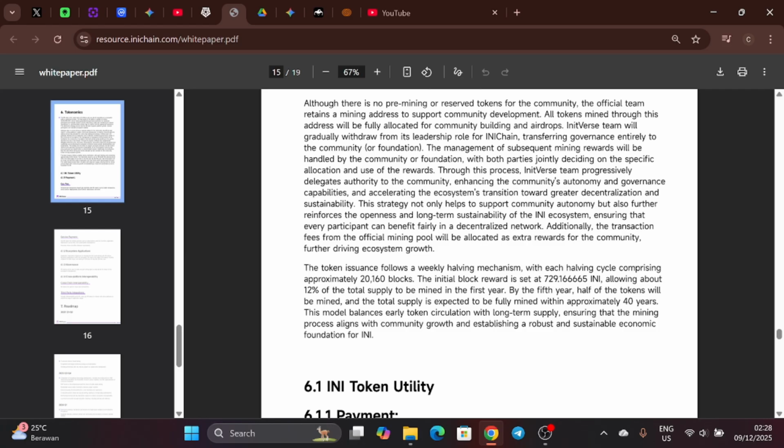By the fifth year, half of the token will be mined, and the total supply is expected to be fully mined within approximately 40 years. This model balances early token circulation with long-term supply, ensuring the mining process aligns with community growth and establishing a robust and sustainable economic foundation for INI.